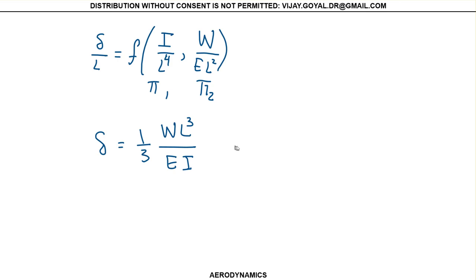And we can probably go ahead and rearrange this a little bit. And we can see that this becomes 1/3 W. And what we could do is we could leave E and L squared.